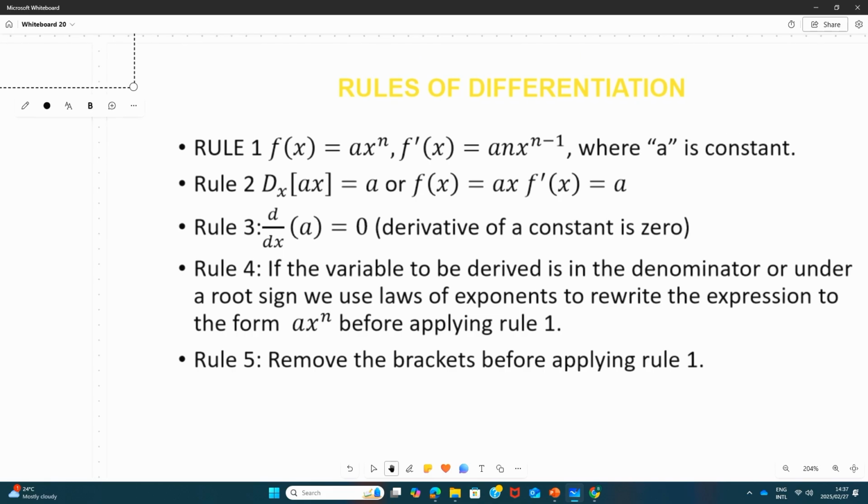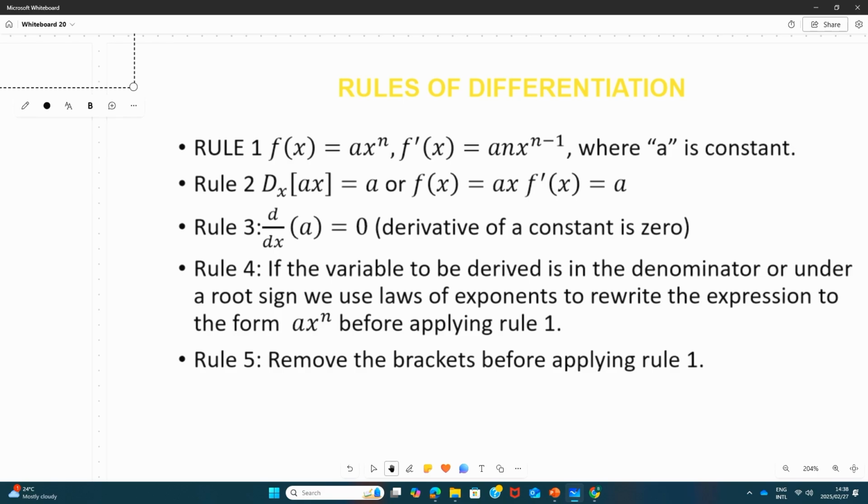And for rule 2, if ever you are given an expression, differentiate x on that expression ax, because that is not an equation, it's an expression. Differentiate x in that expression ax. Now the derivative of that expression will be a, which means if you are differentiating that expression ax, your answer will just be that constant a.